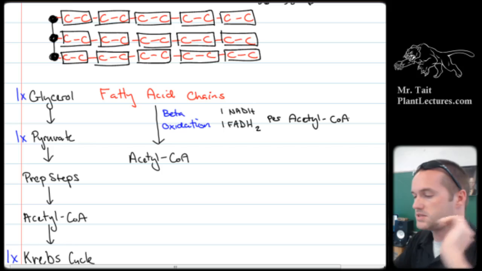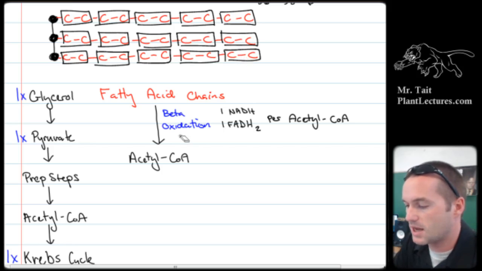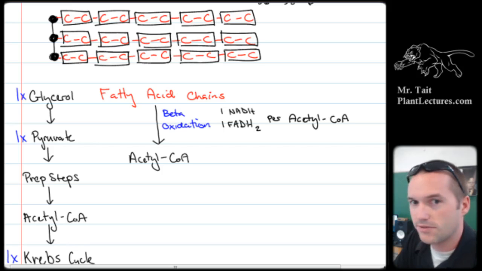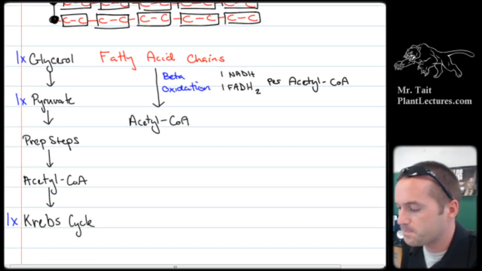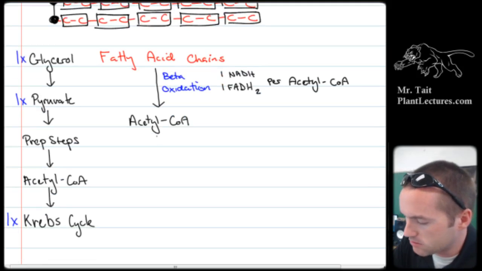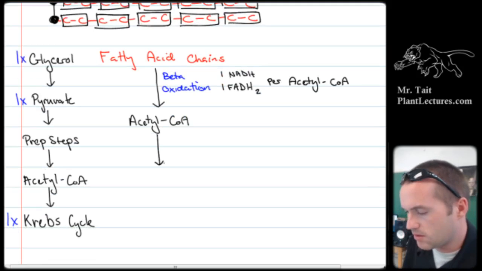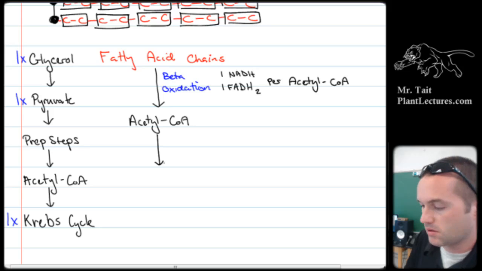In other words, we're going to take these groups here, we're going to oxidize them in beta oxidation, and we're going to take away 4 electrons. 2 of the electrons get added to NADH, 2 of the electrons get added to FADH2. NADH and FADH2. Okay? Where does the acetyl-CoA go? Krebs.